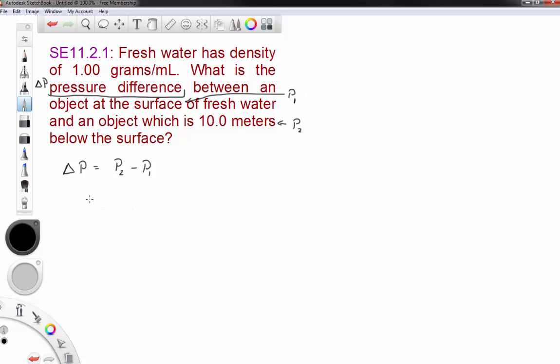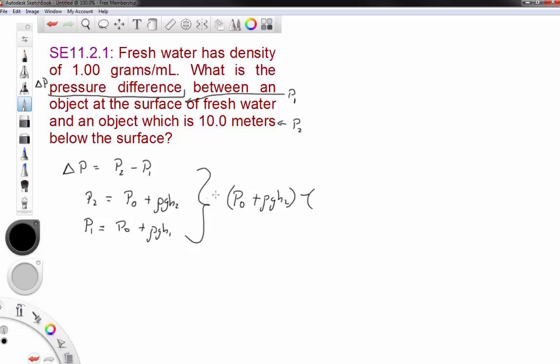Now, pressure 2 is going to be, by definition, P0 plus rho G H2, where H is how deep into the water we are. P1, similarly, will be P0 plus rho G H1. So this difference in pressures is basically going to be P0 plus rho G H2 minus P0 plus rho G H1.